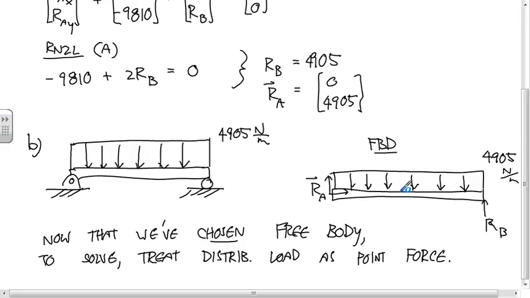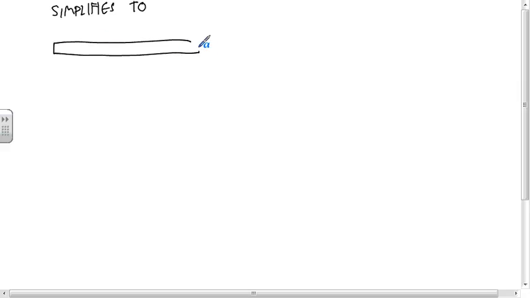So now we take this free body, treat this entire distributed load as a point force, and it simplifies to this beam with the force RA, the force RB, and a downward 9810.